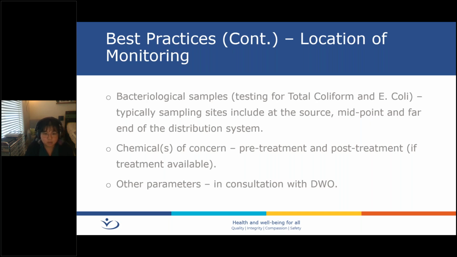So this is something that you can work with your drinking water officer to determine the best location for sampling. Also for a chemical of concern, if that is something that needs to be tested, it should be monitored pre-treatment as well as post-treatment if treatment is available. And as always, this is something that you would consult with your drinking water officer as to where the monitoring should occur.